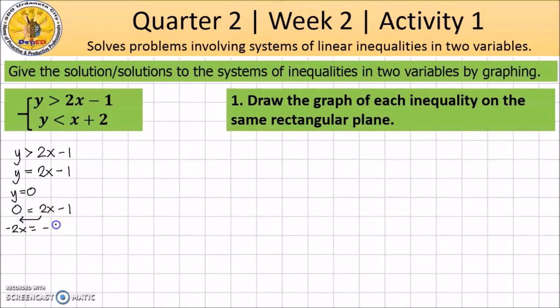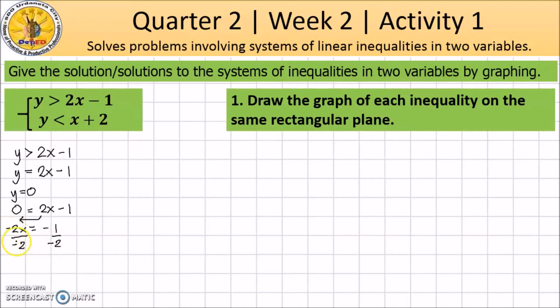So we have negative 1. To remove negative 2 beside the variable x, we need to divide both sides of the equation by the number beside x, which is negative 2. So we divide both sides of the equation by negative 2.